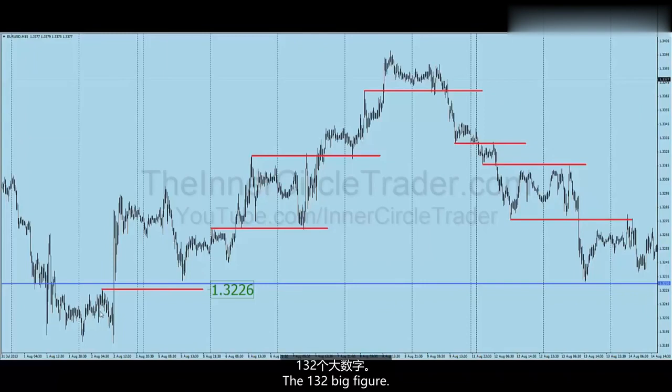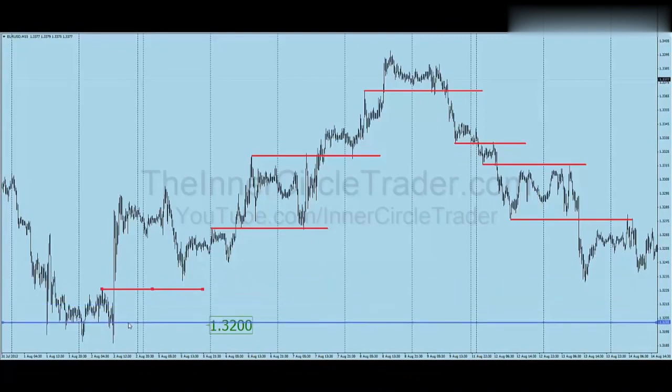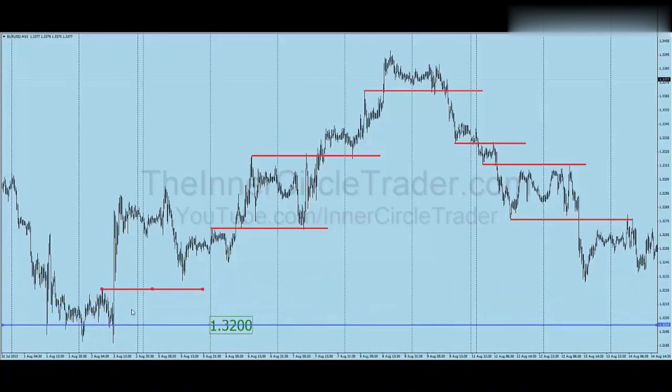The 132 big figure. Okay, 132 big figure. So what we'll do is let's move this down. Okay, and what I'll do is I'll take this level, and I'm just going to put that here.